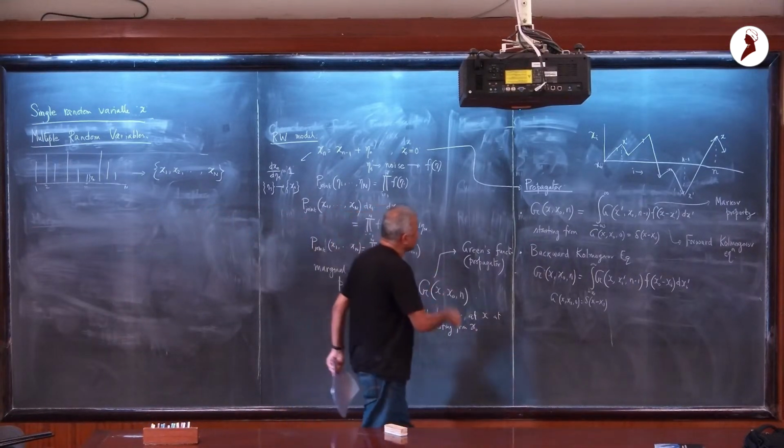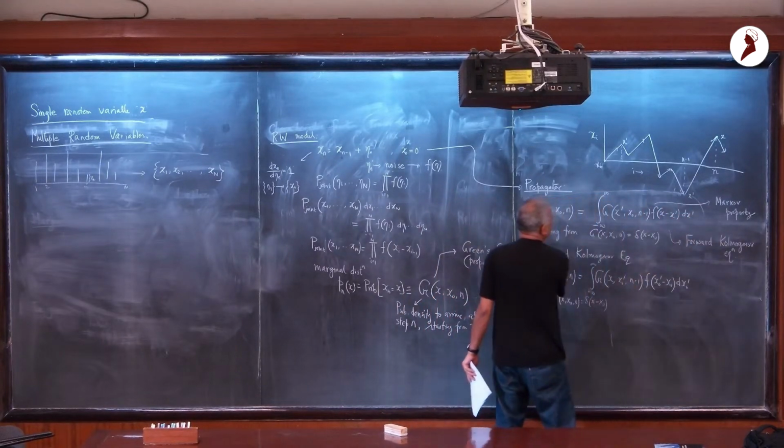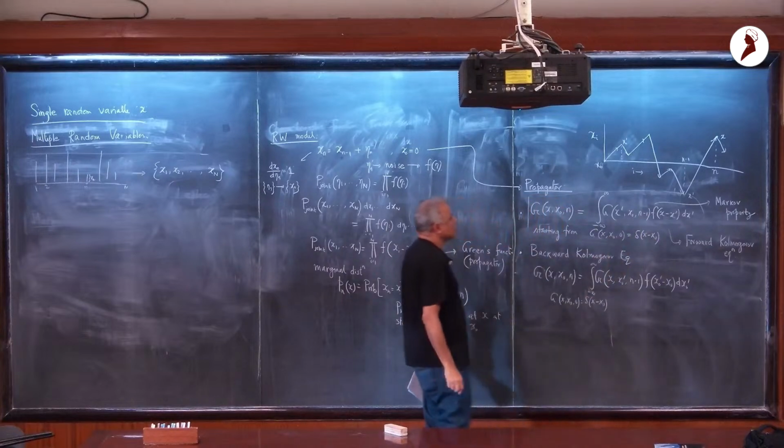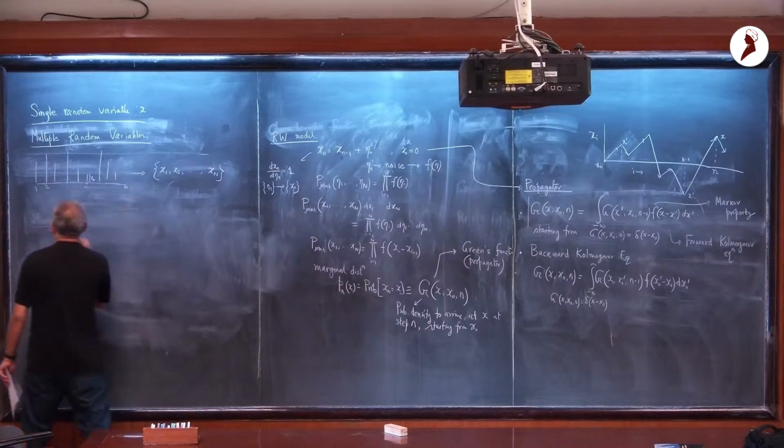So how do you solve this equation? Because it's a linear equation, and you see here you have a convolution structure, a natural thing to do is to take a Fourier transform.